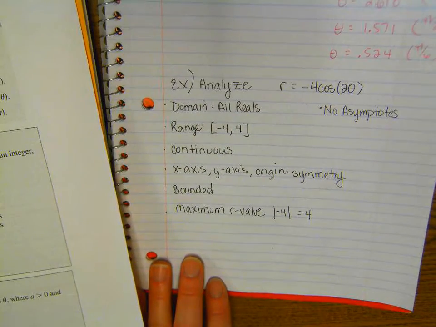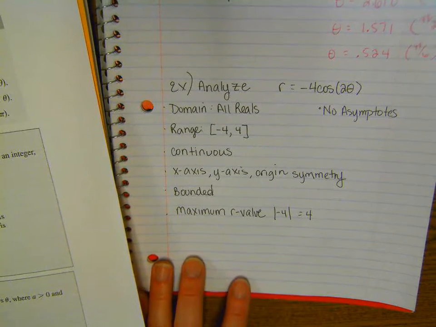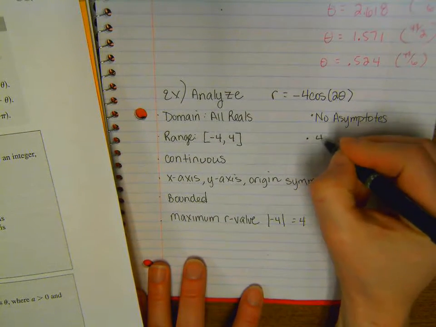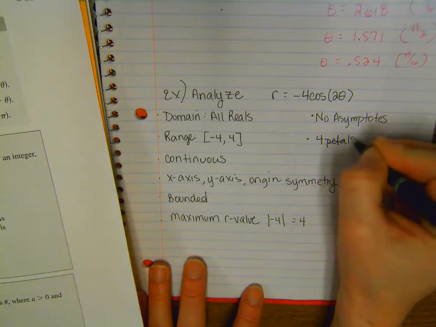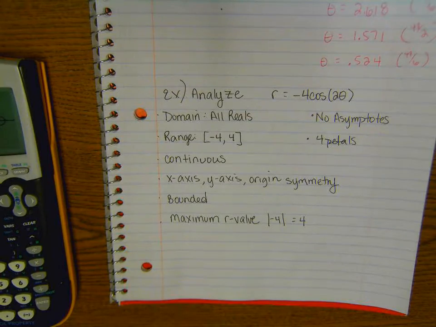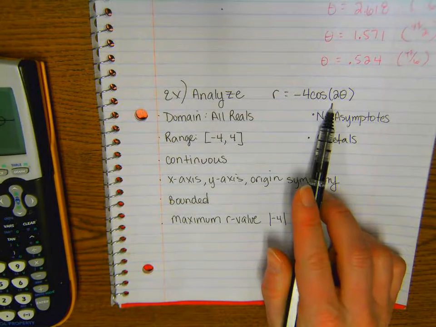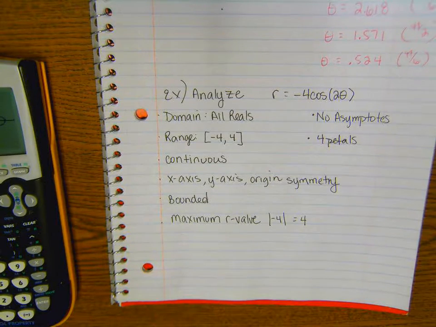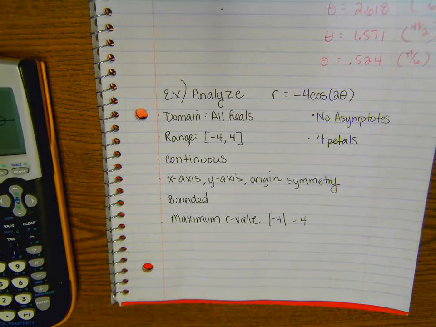And then how many petals? 4. And again, you can see that on the graph, but this is a case where n is even, and when n is an even number, n is the number in front, there are going to be double the amount of petals. That's 4, because 2 times 2 is 4. Okay, does that make sense? Okay. So those are rose curves.